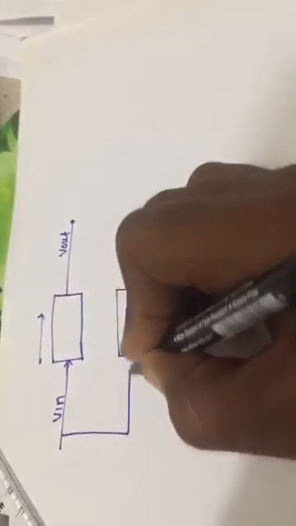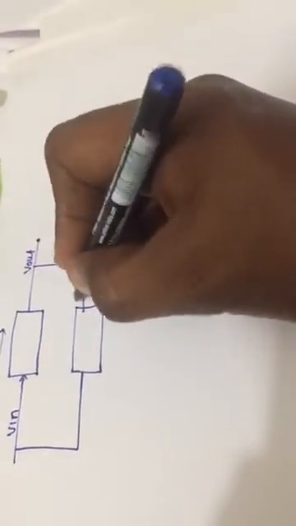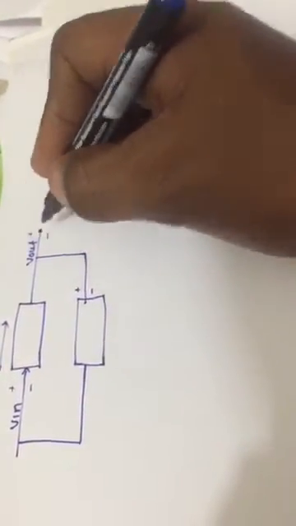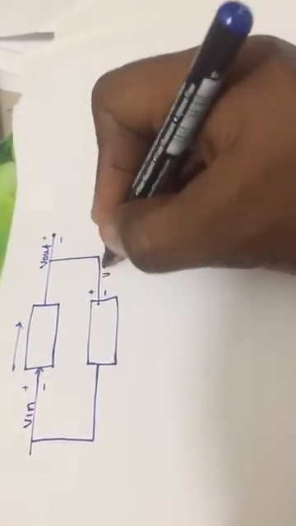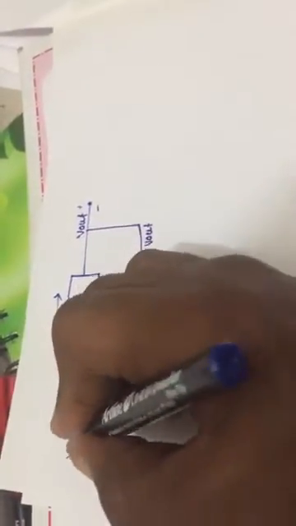So the V input connects here to here and also here to here, so here it will have positive and here negative. This is our feedback and this is our amplifier. Here it will be V out, here VF, and outside it will become VS. So we have a circuit like this.